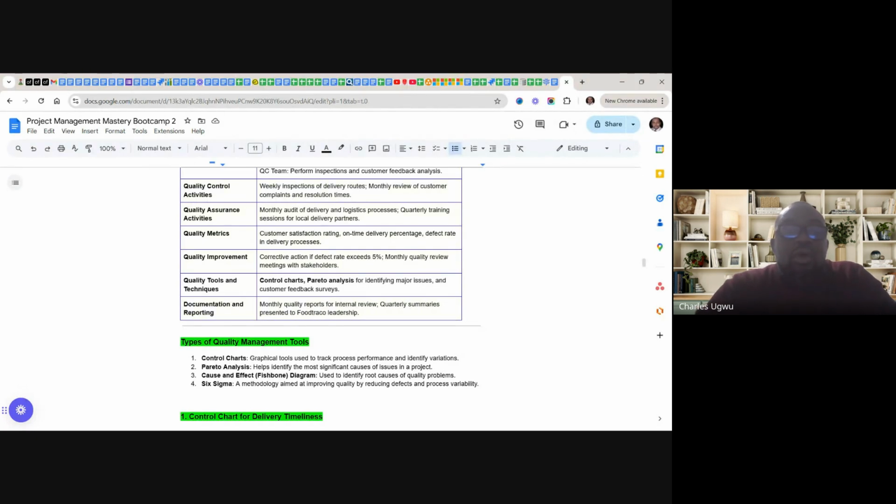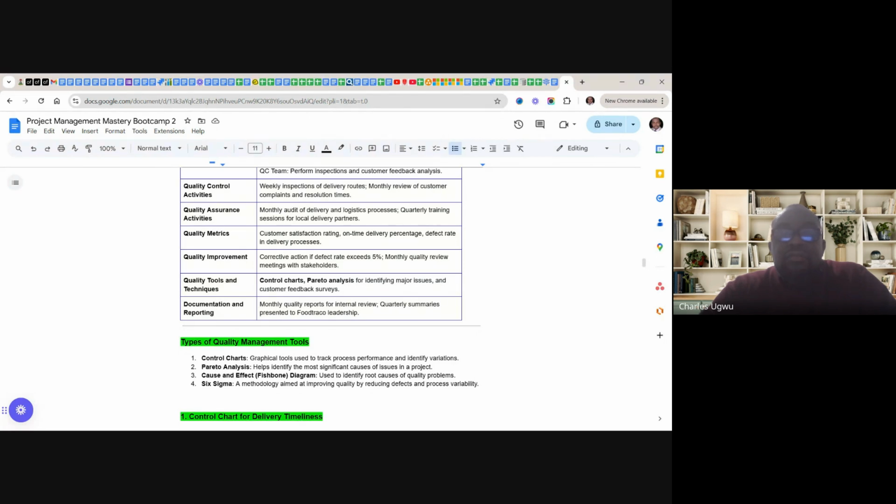Types of quality management tools. These are very important. We have control charts, a graphical tool used to track process performance and identify variation. Number 2, Pareto analysis.